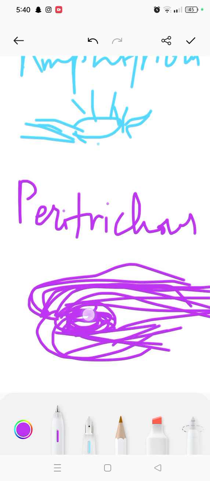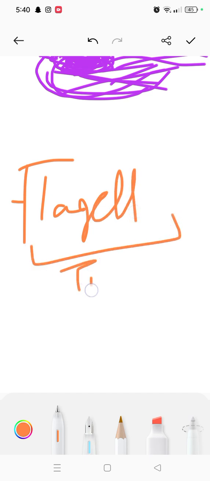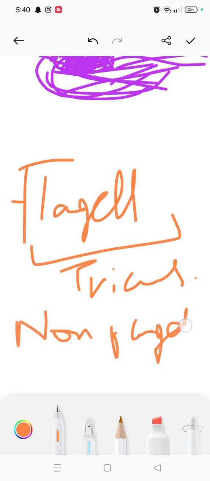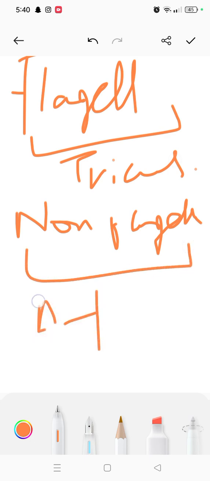That type of movement is called peritrichous. And I forgot to tell you one more thing. In biology, the word flagella is also called trichous, and when you see non-flagella, that's called atrichous. Okay, I'm sure it's clear to you.